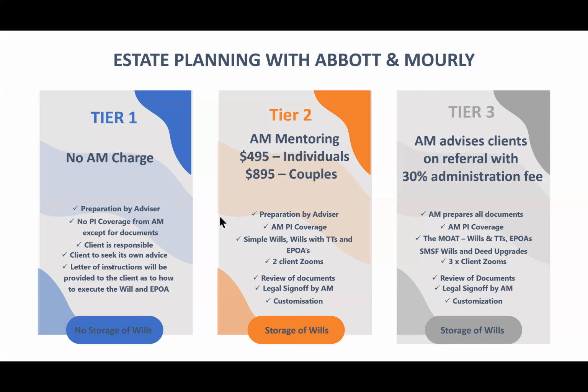And rather than spending time data capturing, the accountant or the planner could actually be doing other billable time with his clients, capturing other value in the business. You know what I mean? So the 30% administration fee is much more suited to some of the advisors at the end of the day. Yeah, definitely. So look, it's up to you.